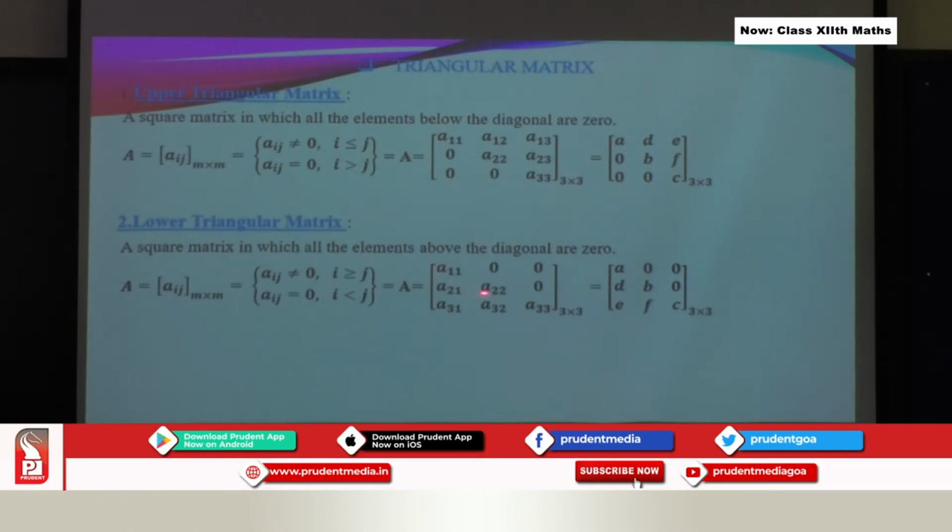You can see this example here. All these entries below the diagonal satisfy the same condition, ith place is greater than jth place. You can see here 3 is greater than 1. Here 3 is greater than 2, and including the diagonal, so i is equal to j. So 1 1 is also included, 2 2 also included, 3 3 also included, and hence you get a square matrix of order 3.